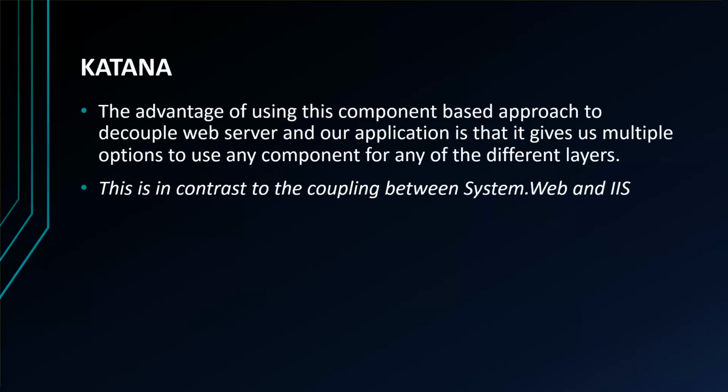The main advantage of Katana's component-based approach is to decouple the web server and our web application. This gives us multiple options to use any component for any of the different layers. This is definitely different from the older versions of ASP.NET, System.Web and IIS.